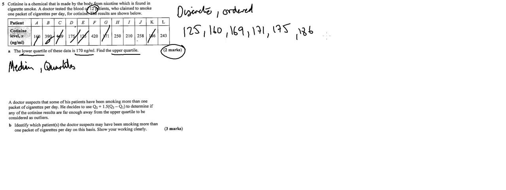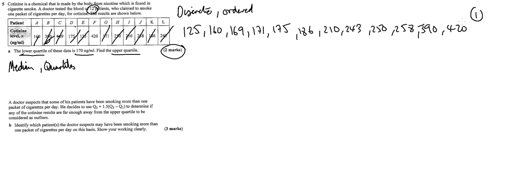After that is 210. After this is 243. After this is 250. We've got 258. And then we've got 390. And last of all, we've got 420. That's going to get you a mark.